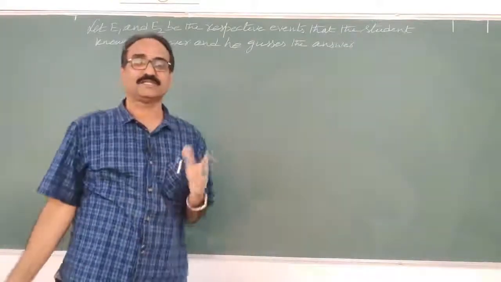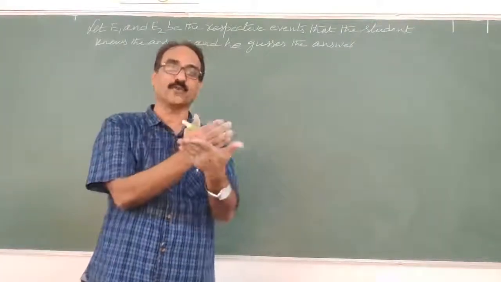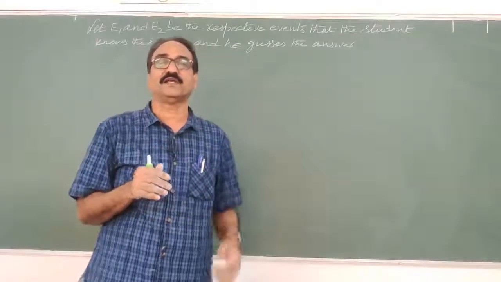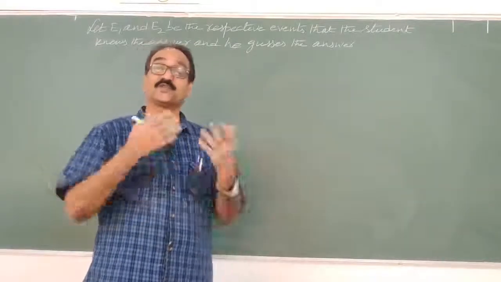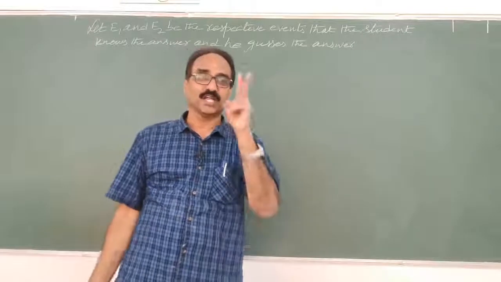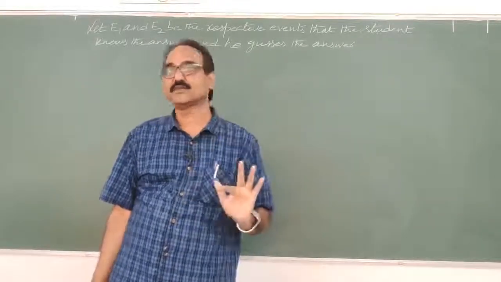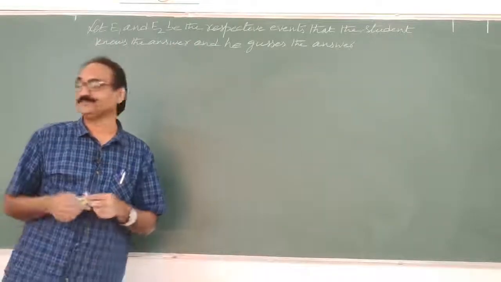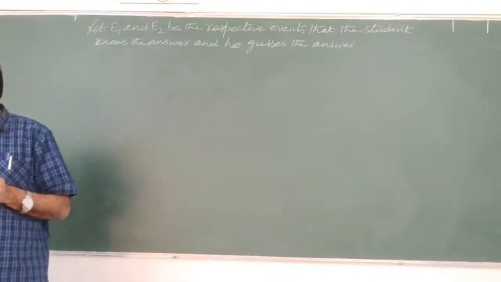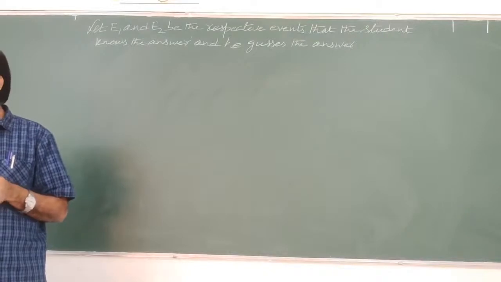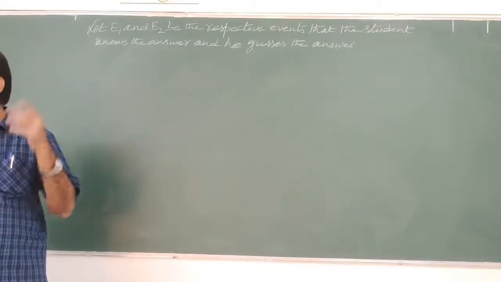As I told you, the sample space is this only, divided into 2 parts. That is very important. First of all, how many events are there in the sample space? If you know it, you will know what to do. So there are 2: knowing the answer and guessing the answer. Understood? Now what is A? Let A be the event that the answer is correct.